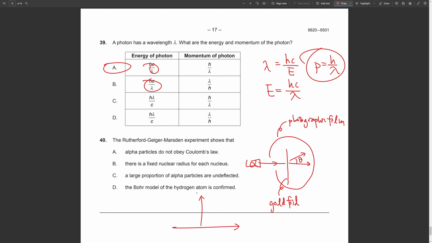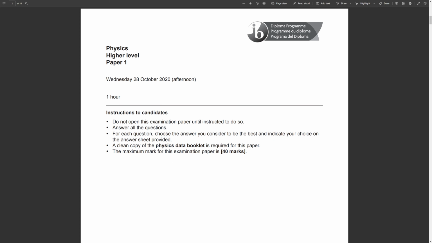Instead, it's going to distribute like this one. Having the intensity on the y-axis and the angle on the x-axis is mostly going in the center without any deflection and less are scattering in other angles. Then the answer is C. Most of the alpha particles, they are found in a straight line, undeflected.